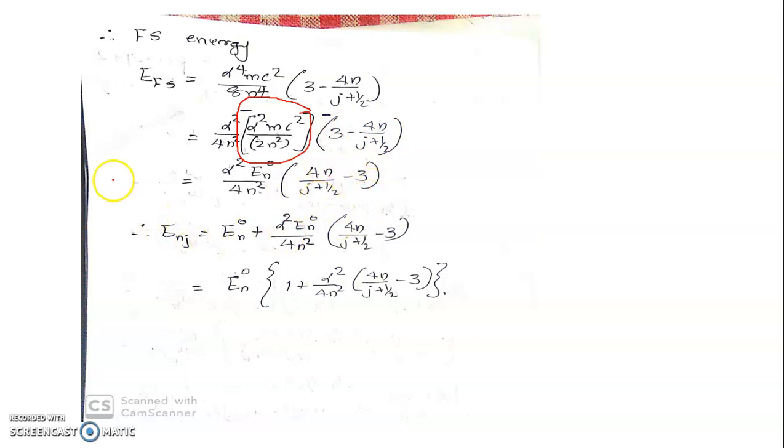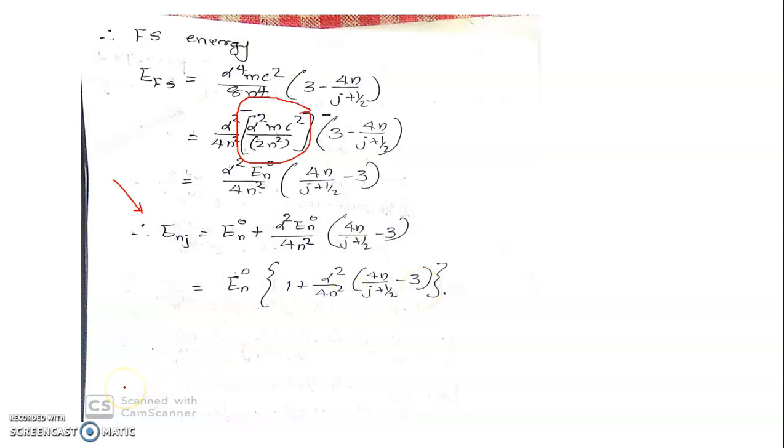With this fine structure correction, the energy of the hydrogen atom in any particular quantum state is Enj equal to En0 plus alpha square En0 by 4n square into 4n by j plus half minus 3. That is, En0 is taken as a common factor into 1 plus alpha square by 4n square into 4n by j plus half minus 3.